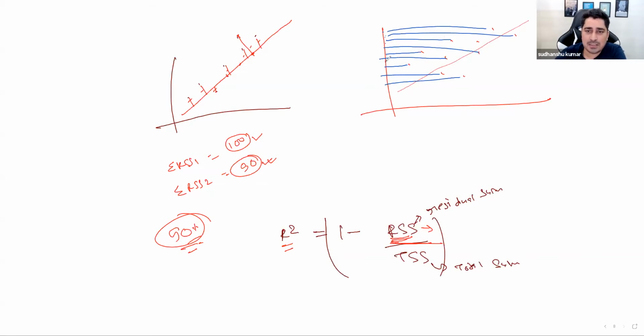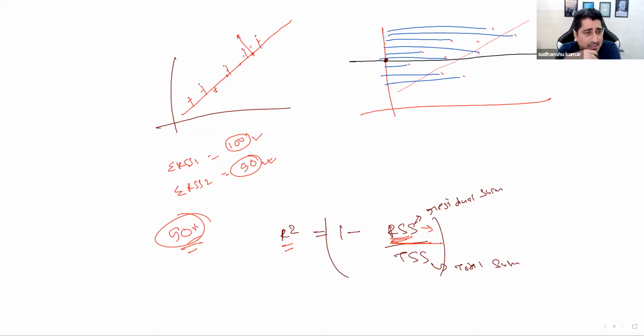Now this brown line is representing the average of all the y, let's suppose. This line is representing the average point, the average of y. Now I'm just talking about TSS, nothing else. So what is your TSS, by the way?